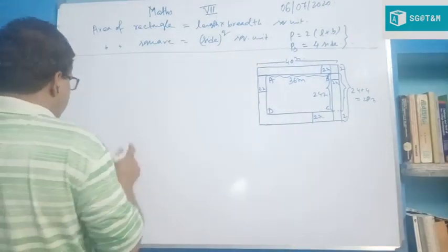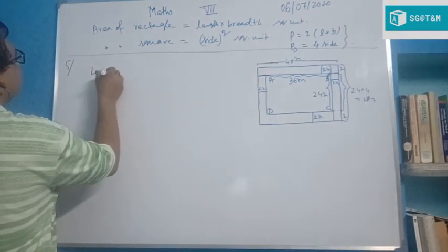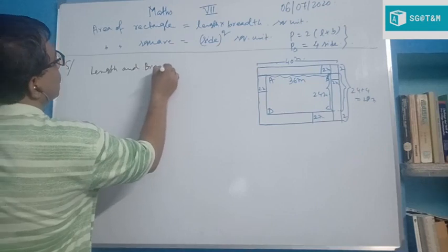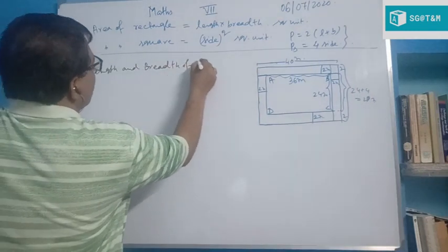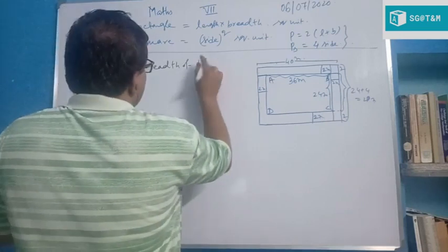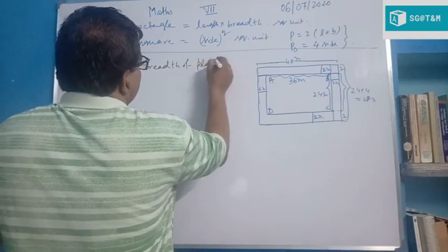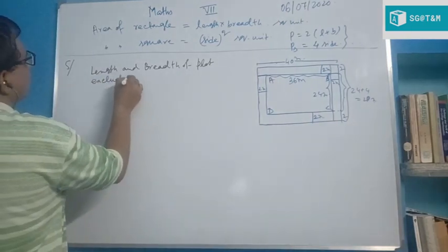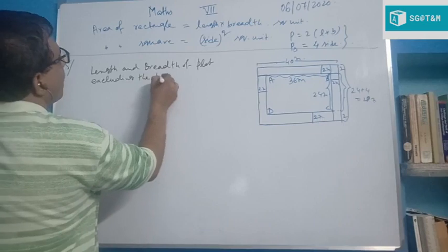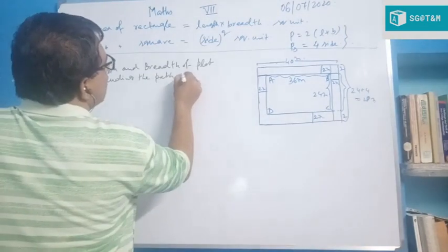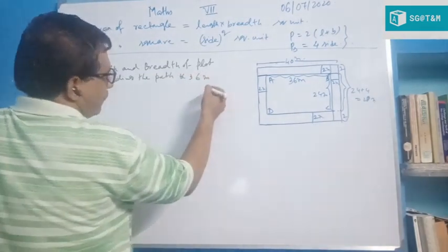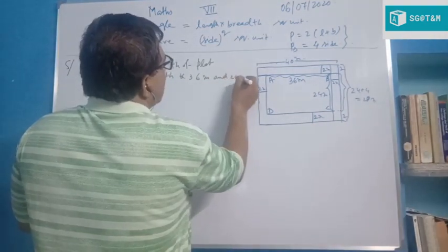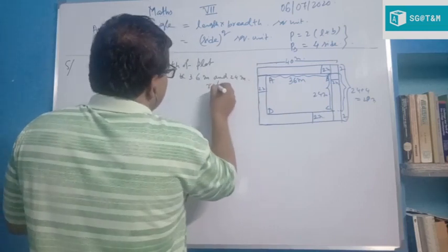Excluding the path, the length and breadth of the plot are 36 meter and 24 meter respectively.